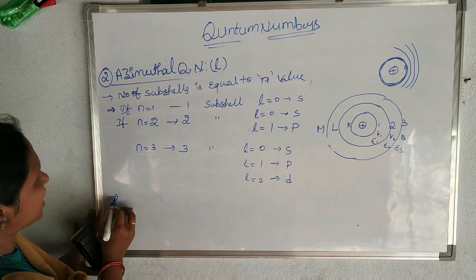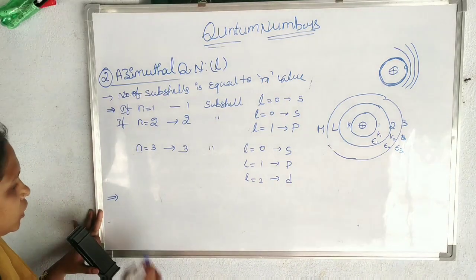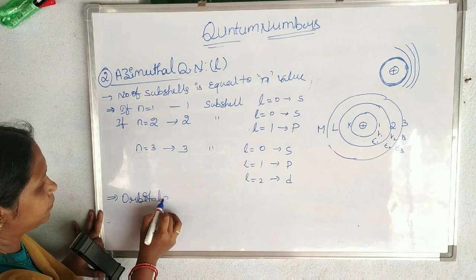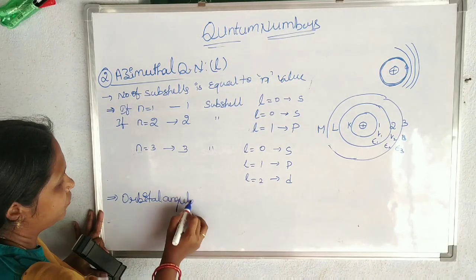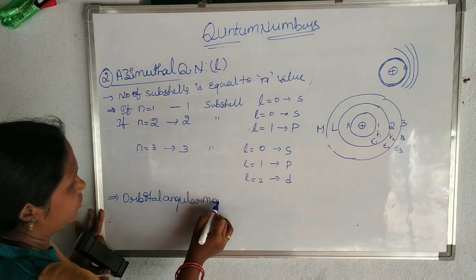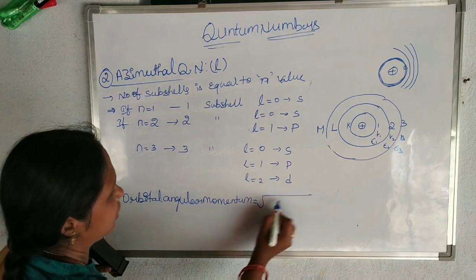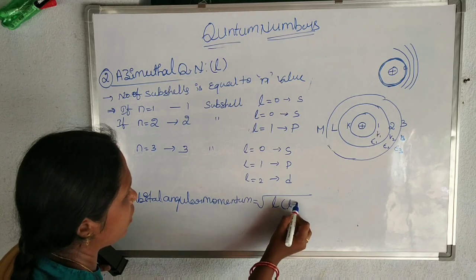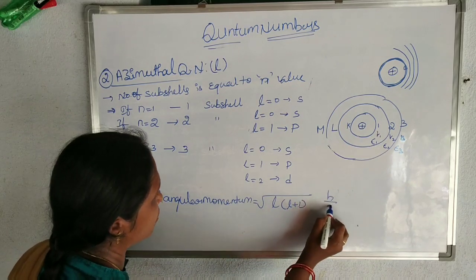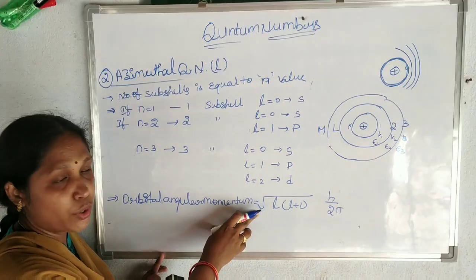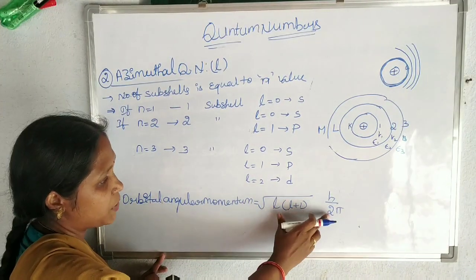And one more, it also explains the orbital angular momentum. The orbital angular momentum is given by the square root of L into L plus 1, into h by 2 pi.